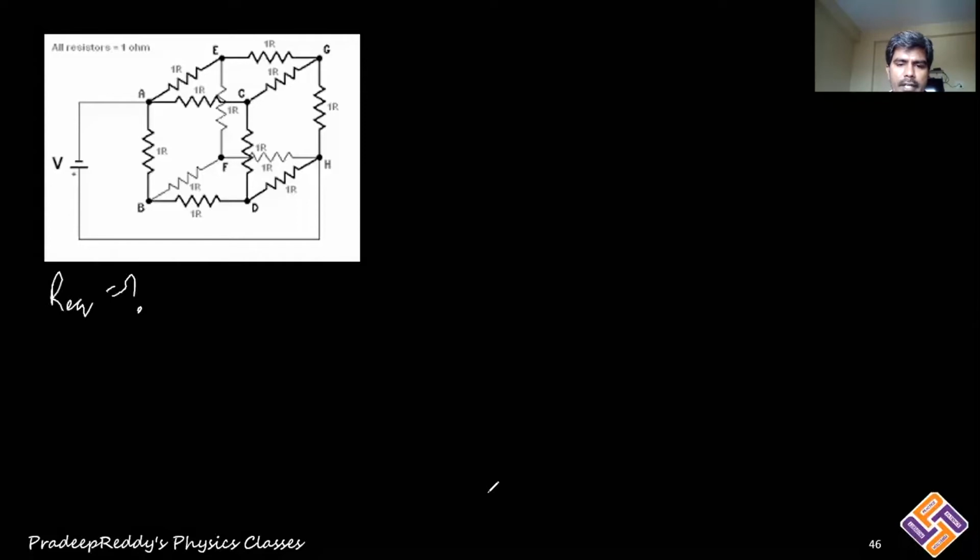So whenever you want to find out effective resistance in these kinds of circuits, whenever a cubical circuit of identical resistors is given and you are supposed to find out equivalent resistance between any 2 points, you can find out equivalent resistance between A and B. You can find out equivalent resistance between A and D. You can find out equivalent resistance between A and G. Like this, we have many, we have 8 vertices.